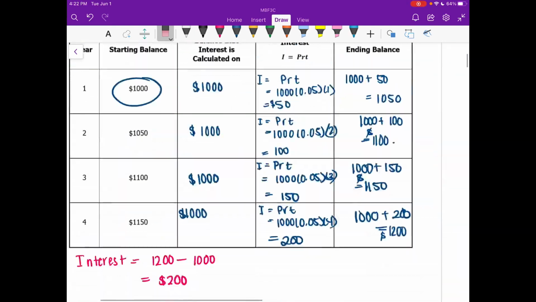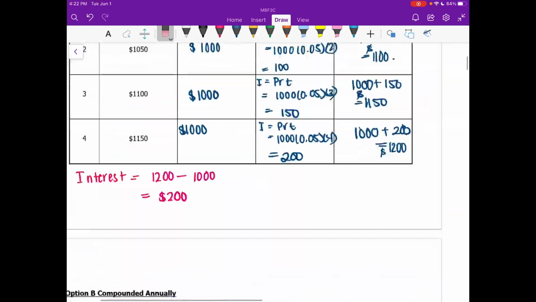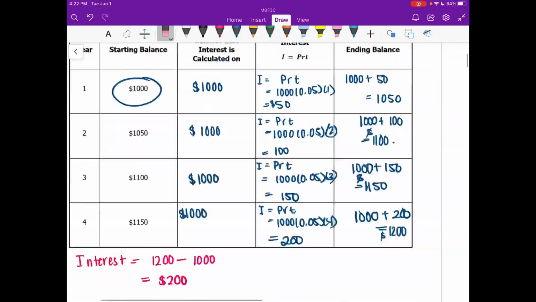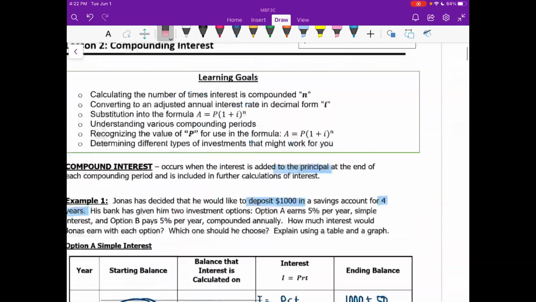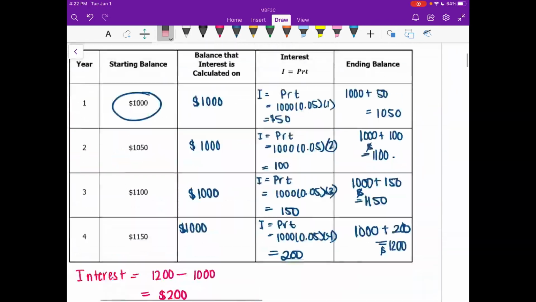If it's compounded monthly, I'm going to go back and look at my original little table here. Oops, scrolled up too far. It's compounded monthly, which means that my I value is going to be the interest rate divided by 12, and my N value is going to be the number of years multiplied by 12, right?